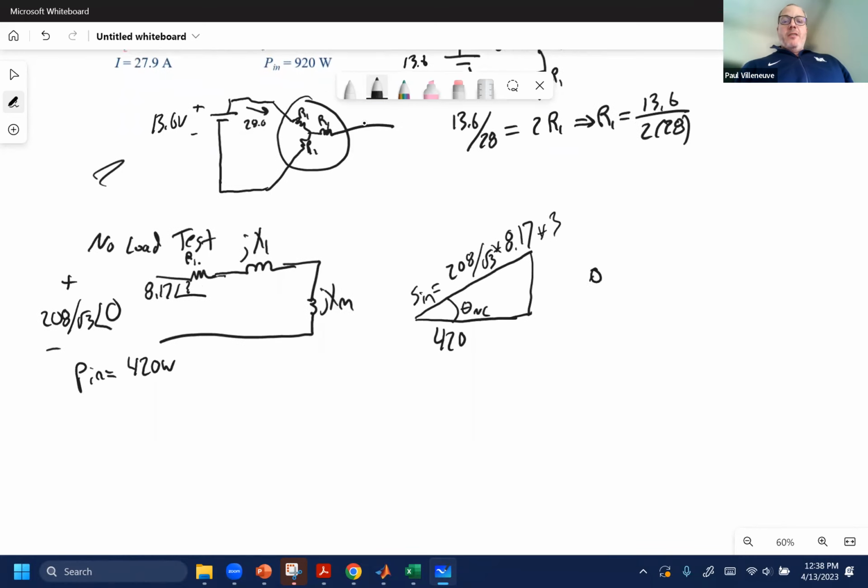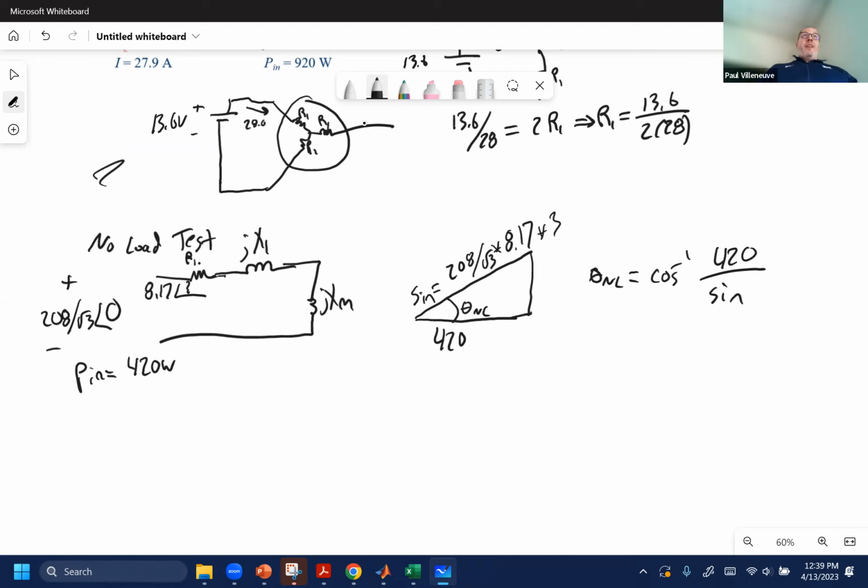I can SOHCAHTOA it, right? It is the inverse cosine of 420 over my input power. So once I have that, now I know what the magnitude and angle of the voltage is. I know what the magnitude of the voltage and the current are.